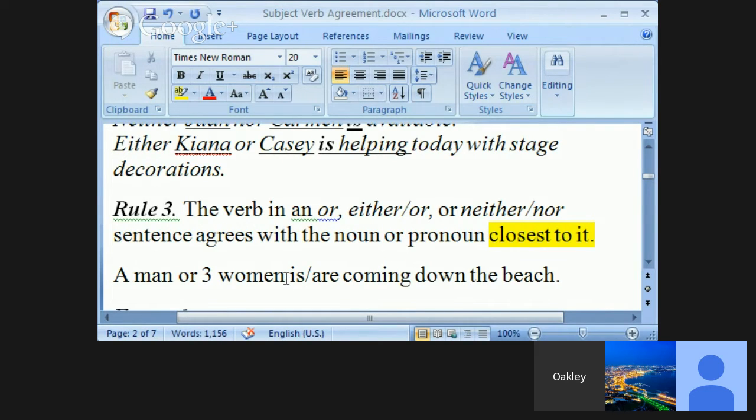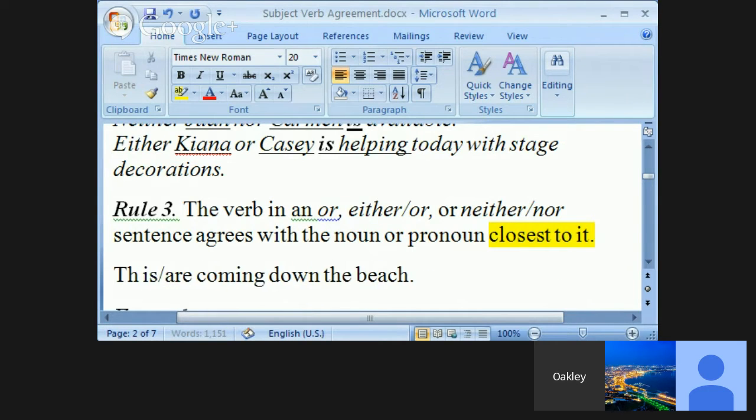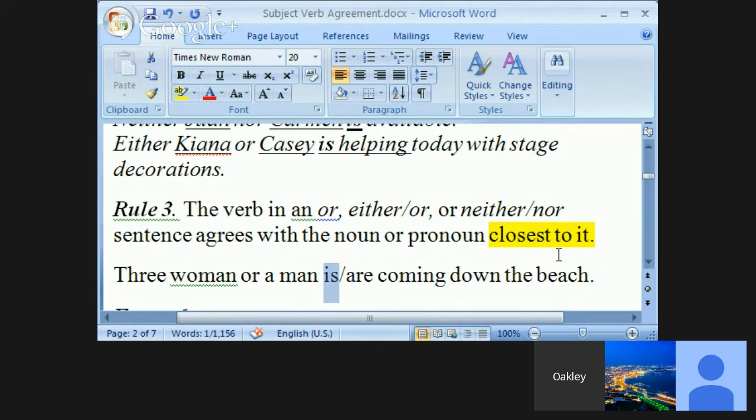If I change the order, if I say 3 women or a man, now what, Carvalho? Is. That's it. Closest to it. Exactly. That's the whole thing.